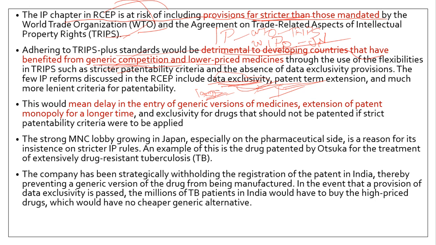Fine. And it also tries to bring in the effect. The effect which the article mentions is that it would delay the entry of generic versions of medicine, plus it would extend the patent monopoly, and exclusivity of drugs could bring up the cost of the medicine.